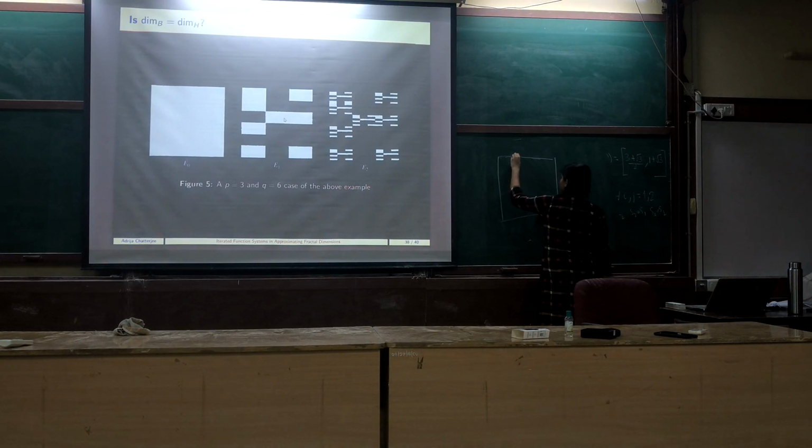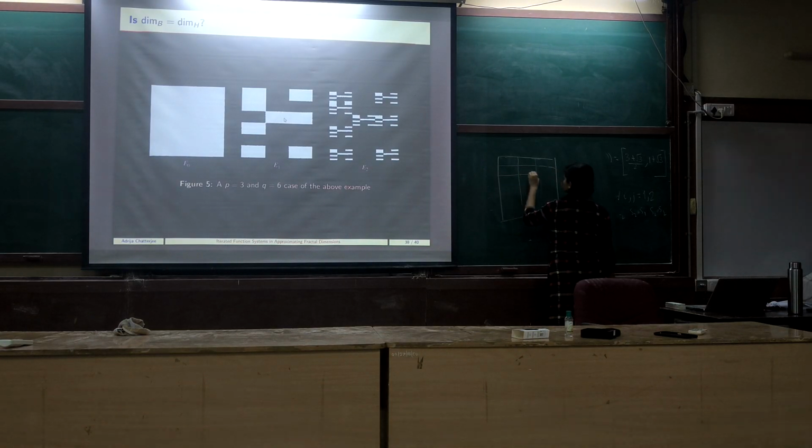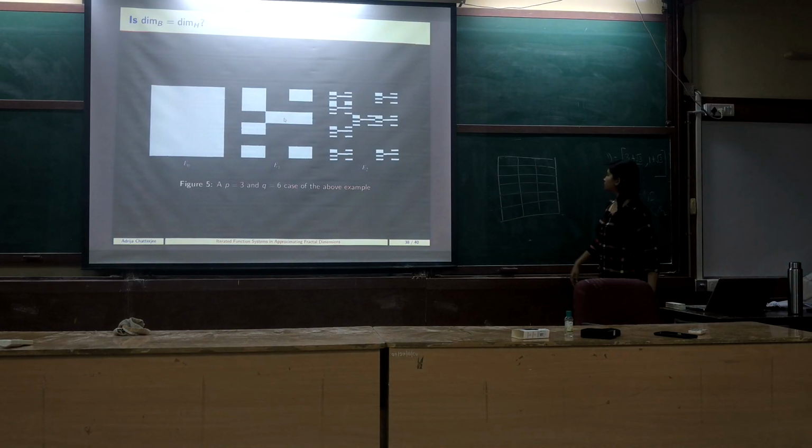So you have a p cross q subarray, so 3 cross 6.